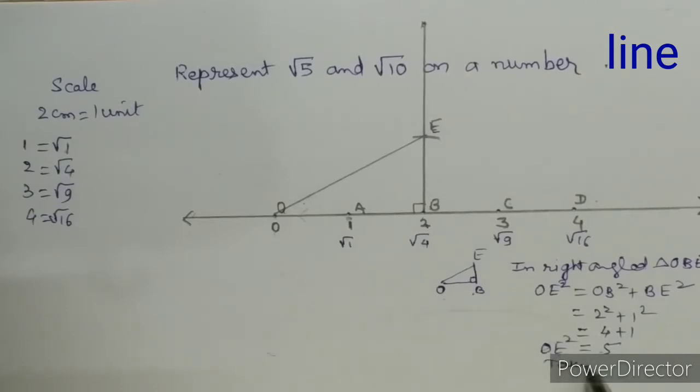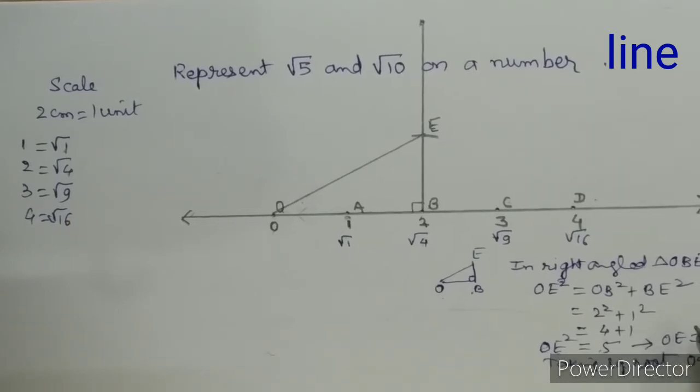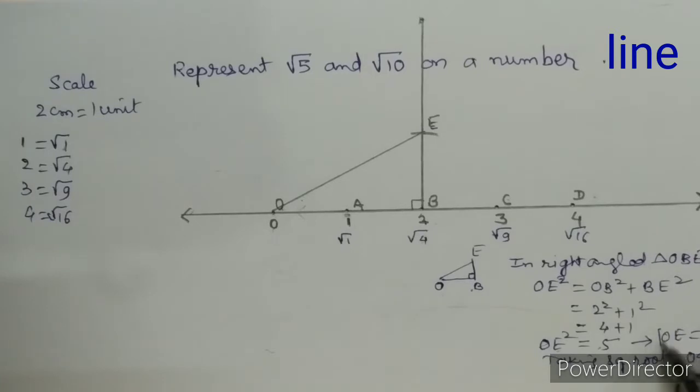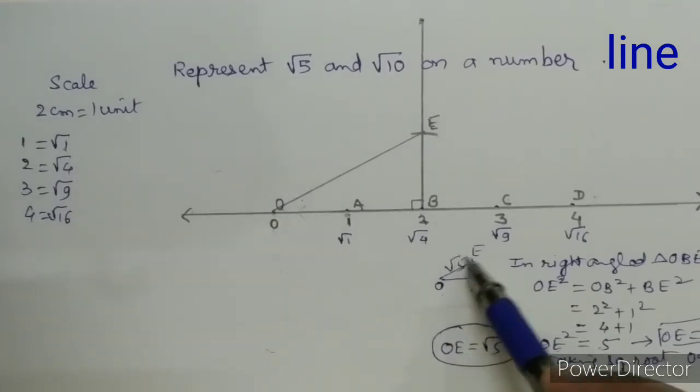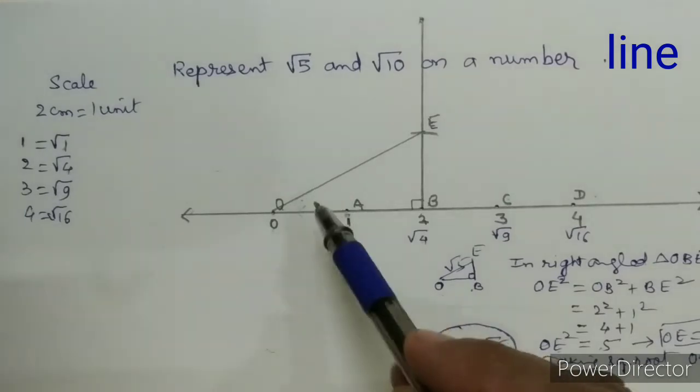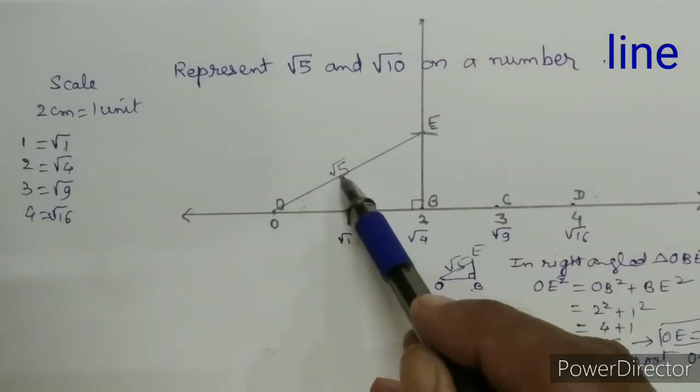Taking square root, we get OE is equal to square root 5. Thus, we get this distance square root 5, and this OE is square root 5.